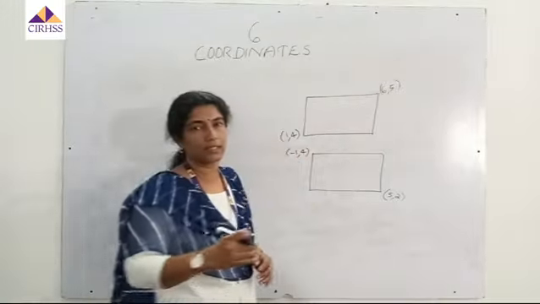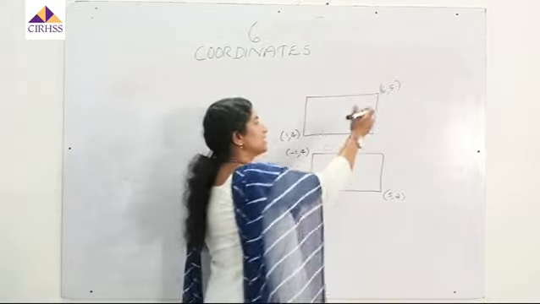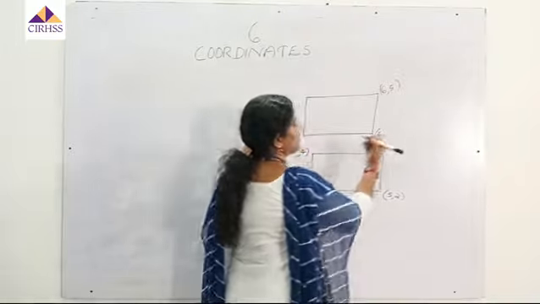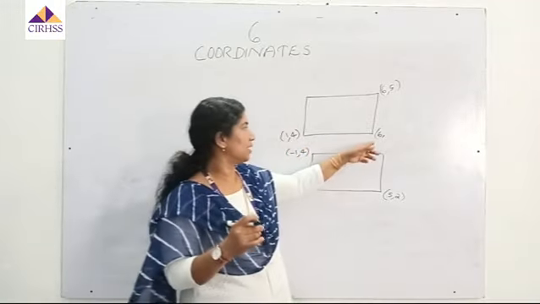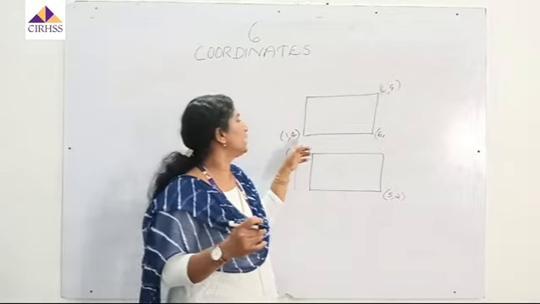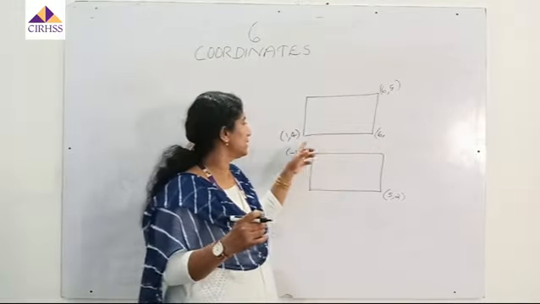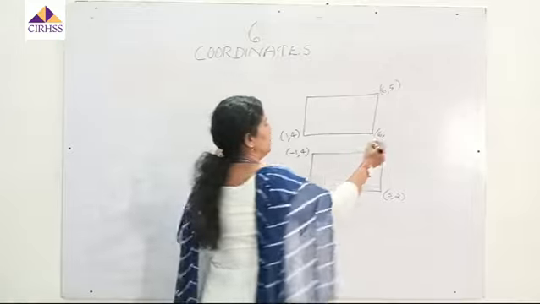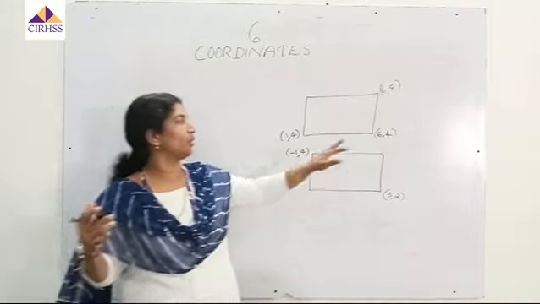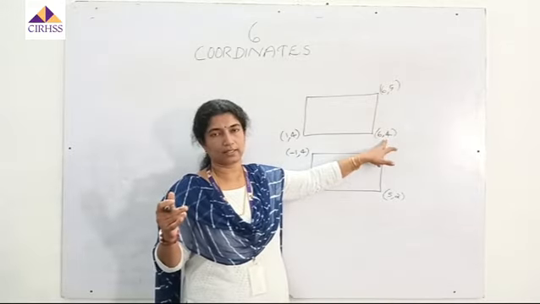Parallel to the y-axis, the x coordinates are the same, so here the x coordinate is 6. Next, parallel to the x-axis, the y coordinates are equal, so here the y coordinate is 4. (6, 4) is the coordinate of this vertex.